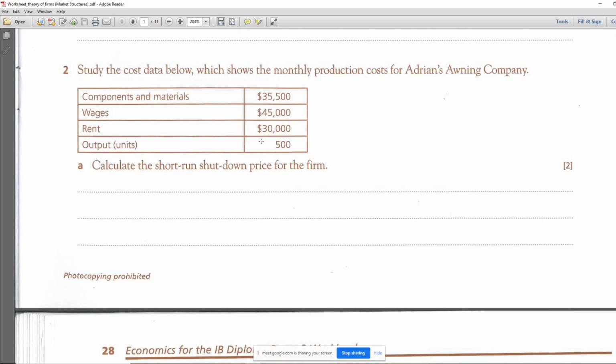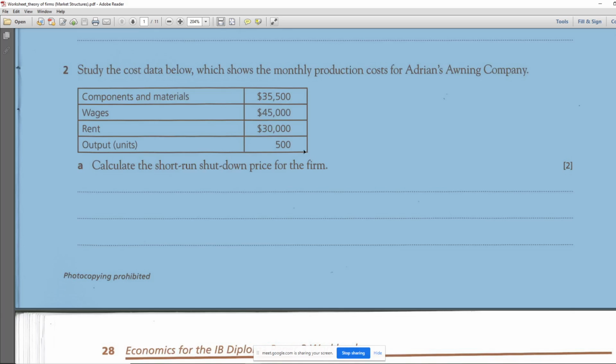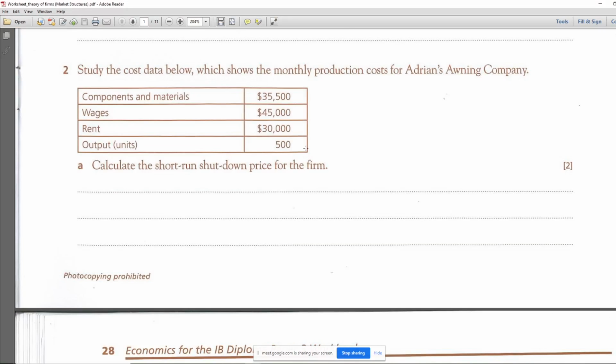You cannot assume that at 500 output you have the minimum average variable cost. That's why this question is not very clear, but the answer assumes that at this output we get the minimum average variable cost.